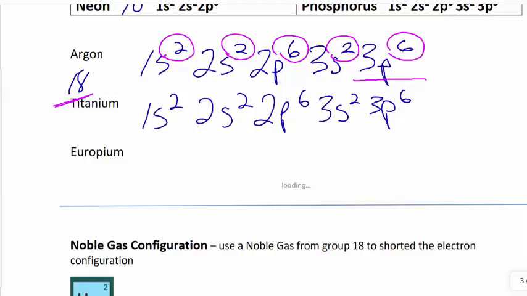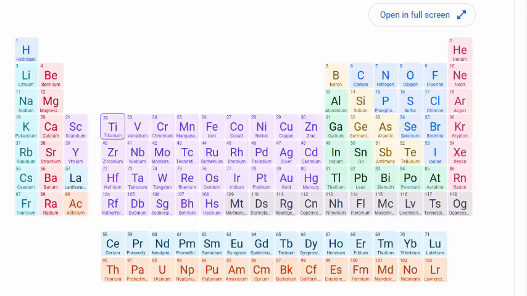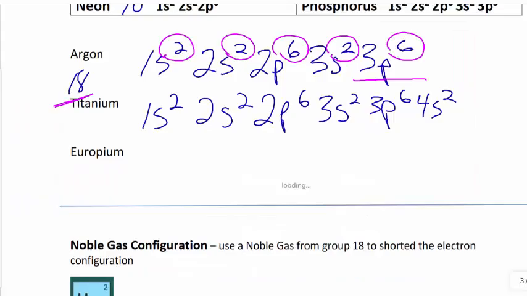So after 3p, we're going to go to 4s2. And if we add up the superscripts, that adds up to 20. But if you remember, titanium is 22, so we need 2 more electrons. So after the 4s, if you look at that order, we go to 3d. Now d can have up to 10, but we only need 2 more, so we're going to leave it as 3d2. And that would add up to 22 electrons for titanium.